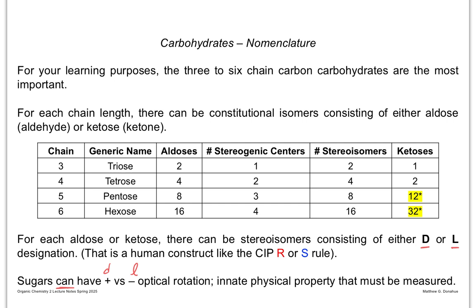So plus is little d, that stands for dextrorotatory. That rotates light clockwise. Minus is little l, that's levorotatory. It rotates it counterclockwise. So as you're doing your reading in this textbook or biochem or wherever, you're going to see these nomenclature things pop up quite a bit.